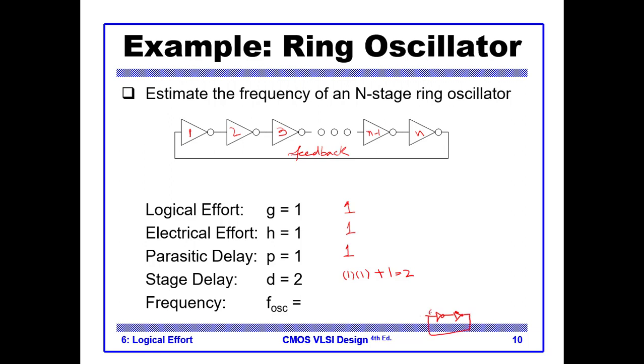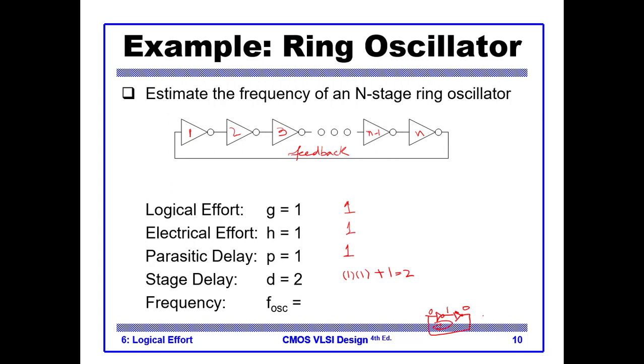If I apply 0, it becomes 1, it becomes 0. Then it has this feedback loop which again applies it.